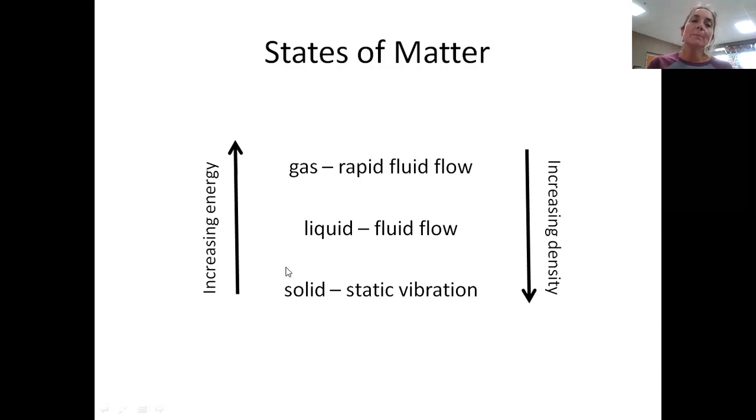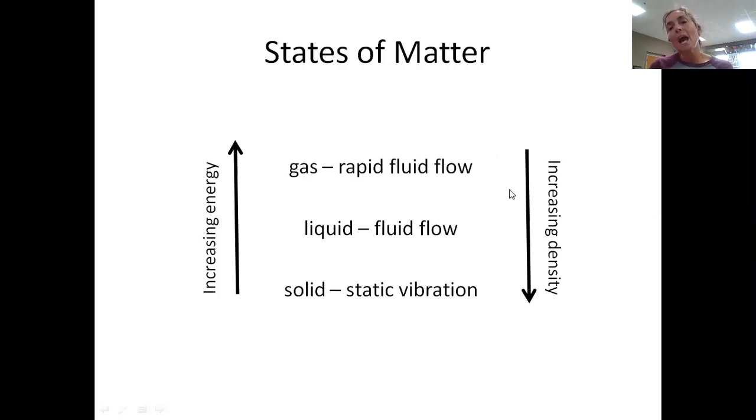And so what I've just explained to you is that as you increase the energy on a certain given material object, that matter can go from its solid form to its liquid form to its gas form. And conversely, it becomes less and less dense as it goes this way.